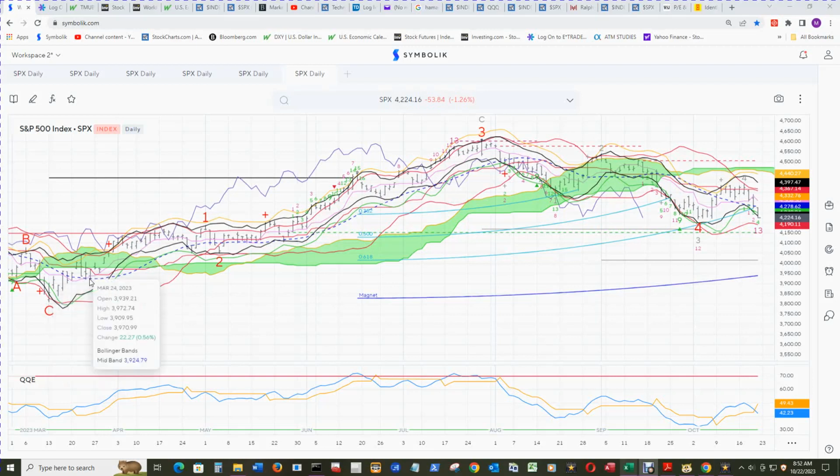So it finally broke out of that around March 27th. You can see it here, and then went on the tear. So it could take all of that away and come back down at least close to that 3900 level.